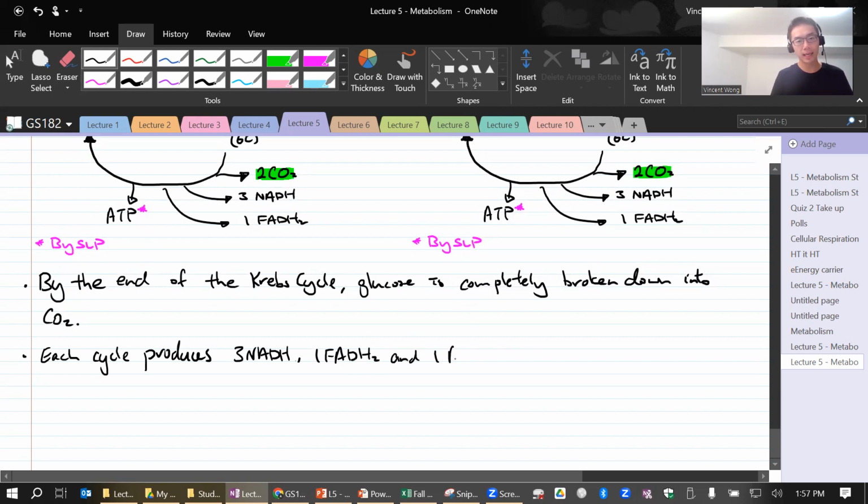And 1 ATP. Okay. However, each glucose produces 2 acetyl-CoA.